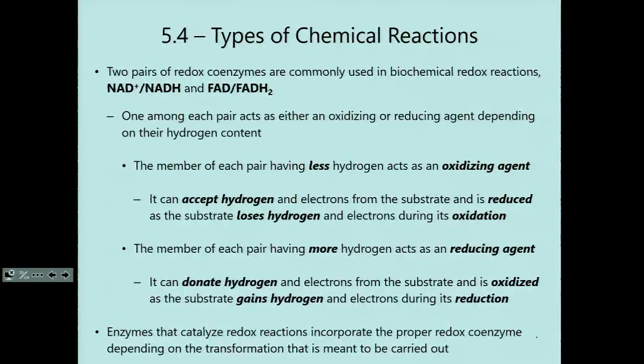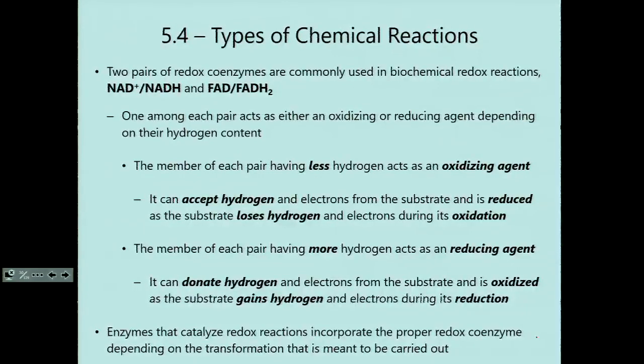So, depending on the reaction, the same enzyme can effect an oxidation or a reduction depending on which one of the pair of the redox coenzyme it is carrying. If it's carrying NAD+, that's the oxidized form of the coenzyme, and that coenzyme can accept hydrogen and be reduced in the process.